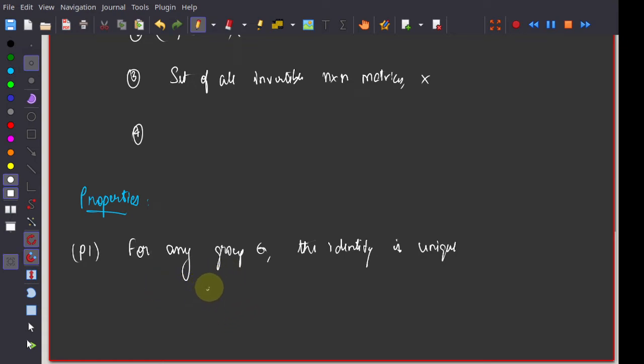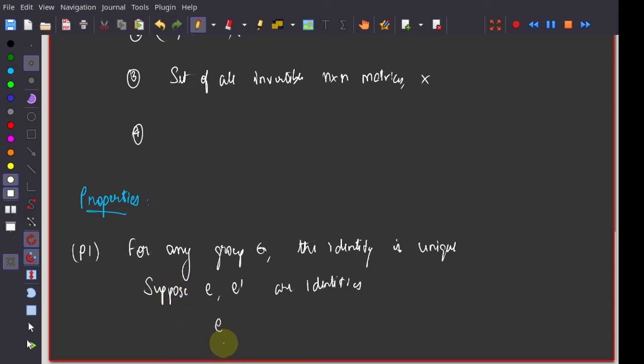So let's suppose that E and E prime are identity elements. Again, we should only use the properties that we know in order to prove this.